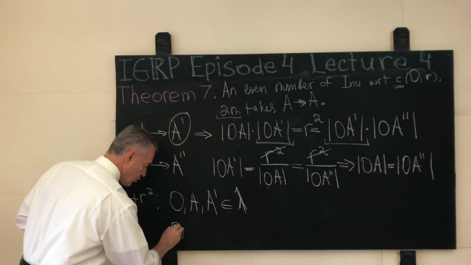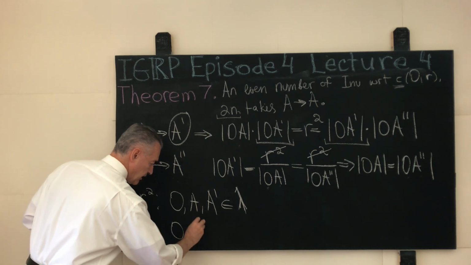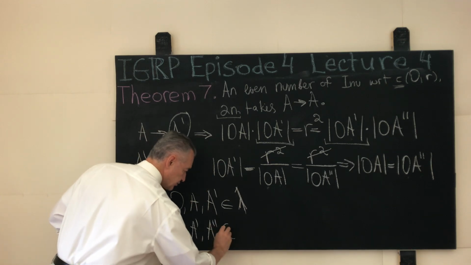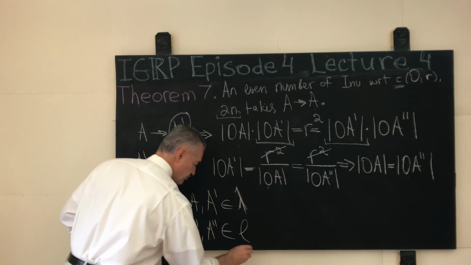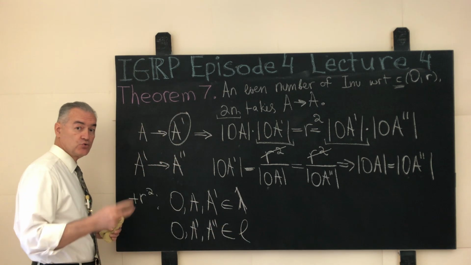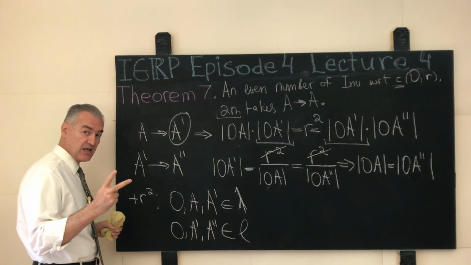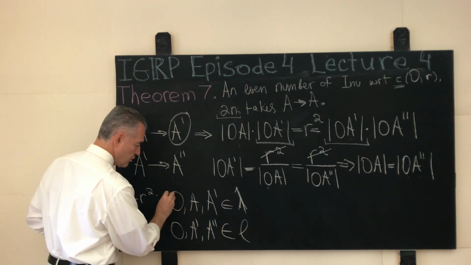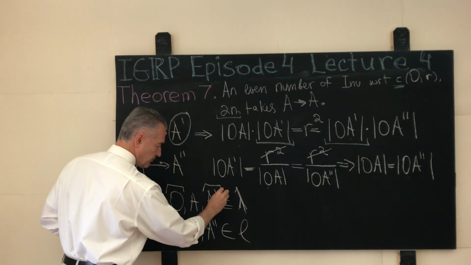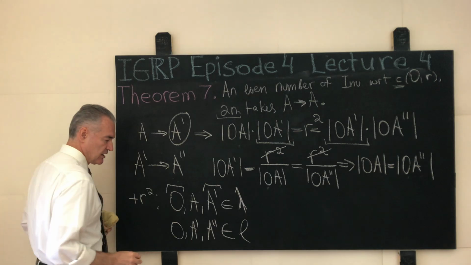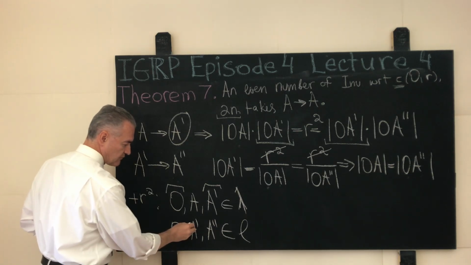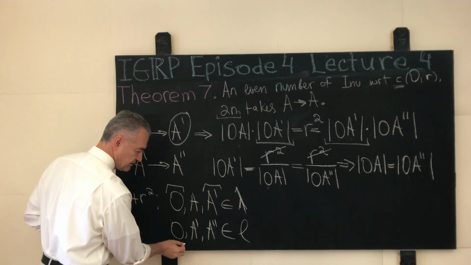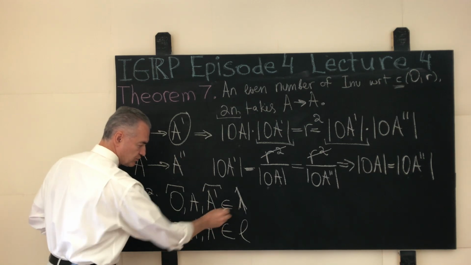By the same definition, we also have it that the points O, A prime, and A prime prime must also be collinear. But we know any two distinct fixed points define a unique straight line. So if the points O and A prime belong to a straight line, then the points O and A prime in this relation must also belong to the same straight line.